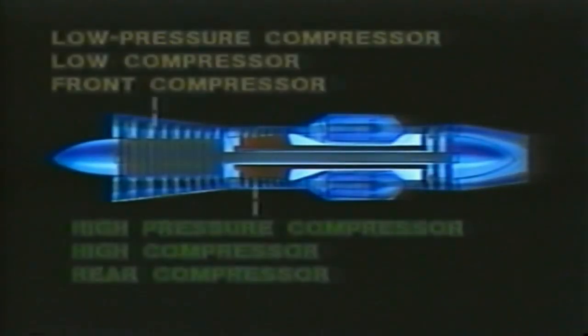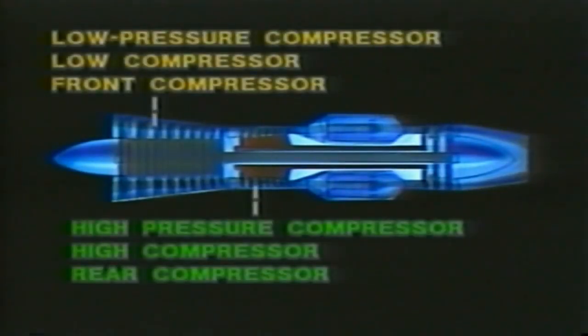Before we move on, let's resolve a point of terminology on this dual rotor engine. Here's a situation where we find that people in the jet engine industry have 3 names for the same thing. The low-pressure compressor is also called the low compressor or front compressor. No confusion. The terms make sense. The high-pressure compressor is also called the high compressor or rear compressor.